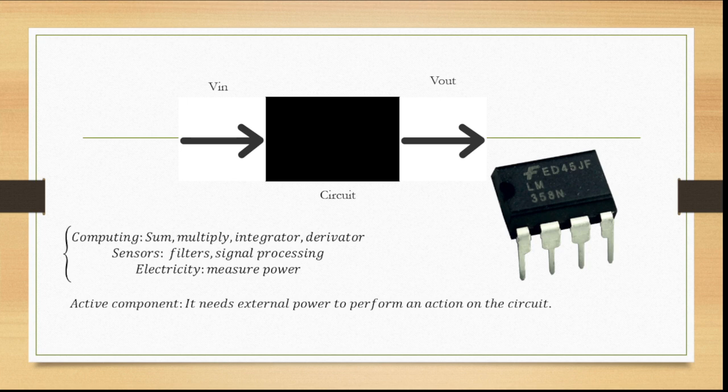In sensors, they are used for filters and signal processing. In electricity, they help measure electrical power, but these are just a few examples. Actually, they are used almost in every electronic circuit. Also, an operational amplifier is an active component, which means it needs external power to work.